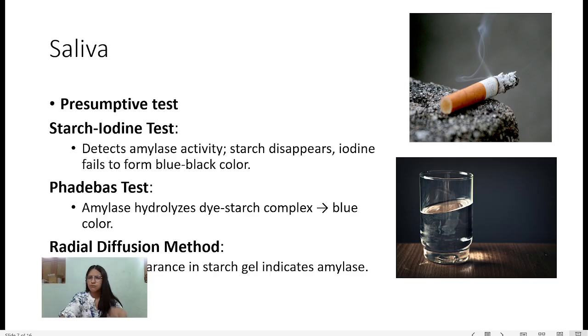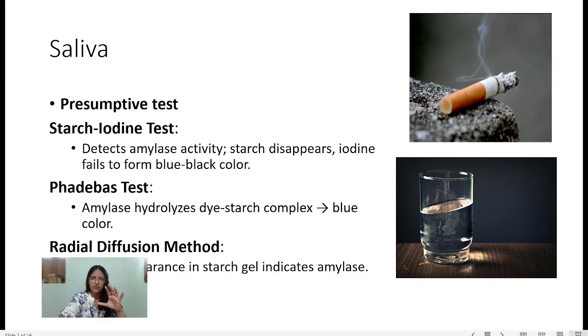But if the amylase, which is usually found in the saliva, is present in that suspected stain, the amylase reacts with iodine and no color is formed, because the amylase digests all the starch that is present in the reagent. So in this case, no color is formed.